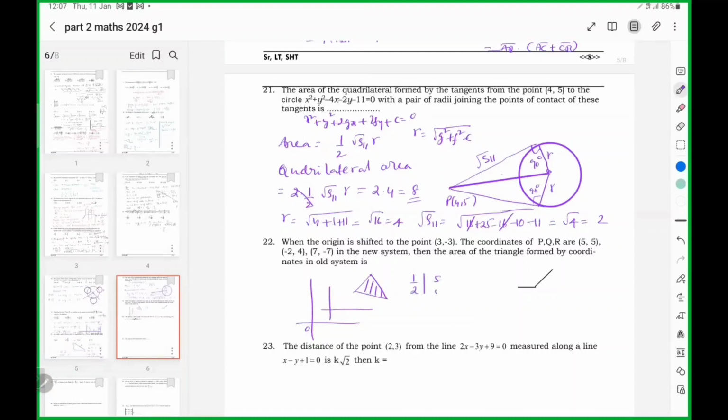So P coordinates, repeat first coordinate, 20 plus 30, 14 minus 28. So here 30 minus 14, 16 plus 70 by 2. So 43 square units.